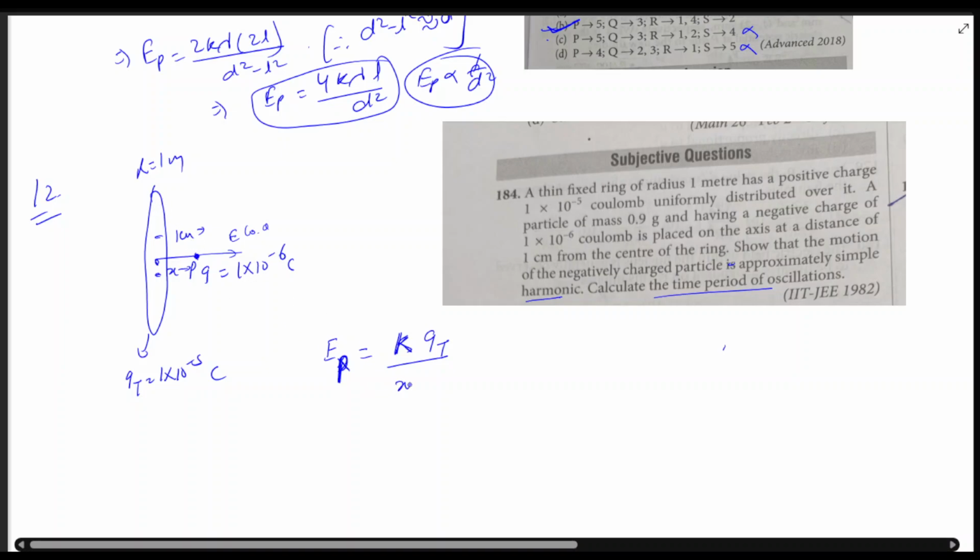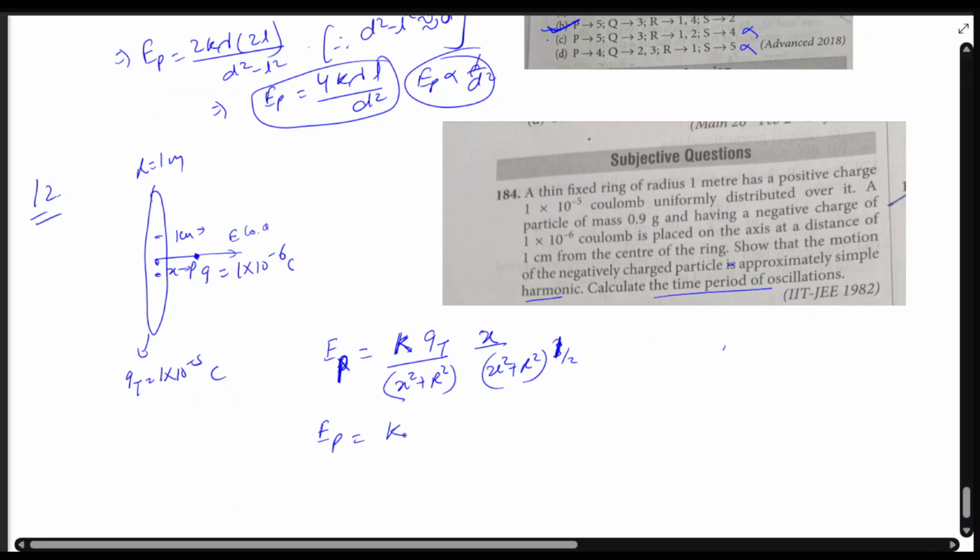So it was x square plus r square, and then cos theta. So cos theta was x upon x square plus r square to the power 3 by 2, right? So 1 by 2, so it becomes 3 by 2. So EP will be k Qt x upon x square plus r square to the power 3 by 2, right?